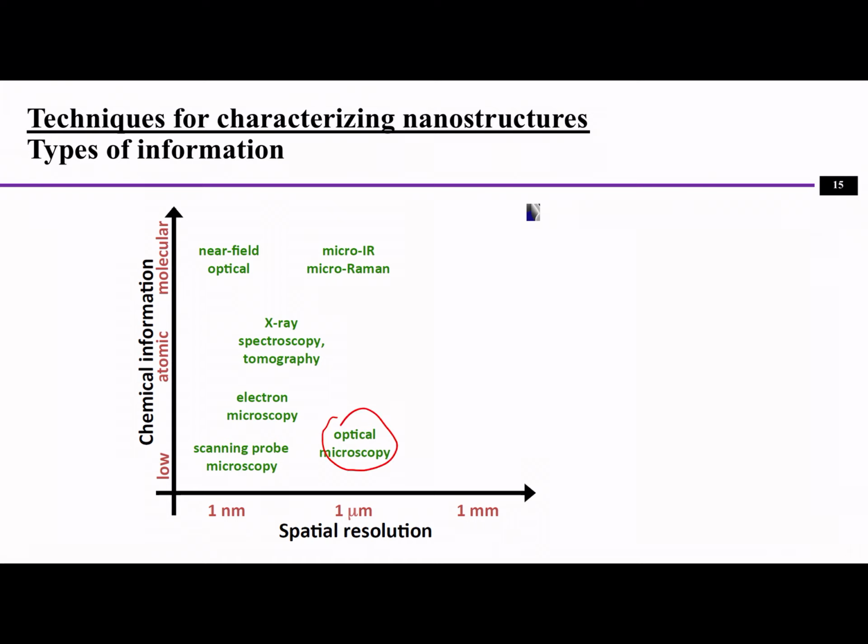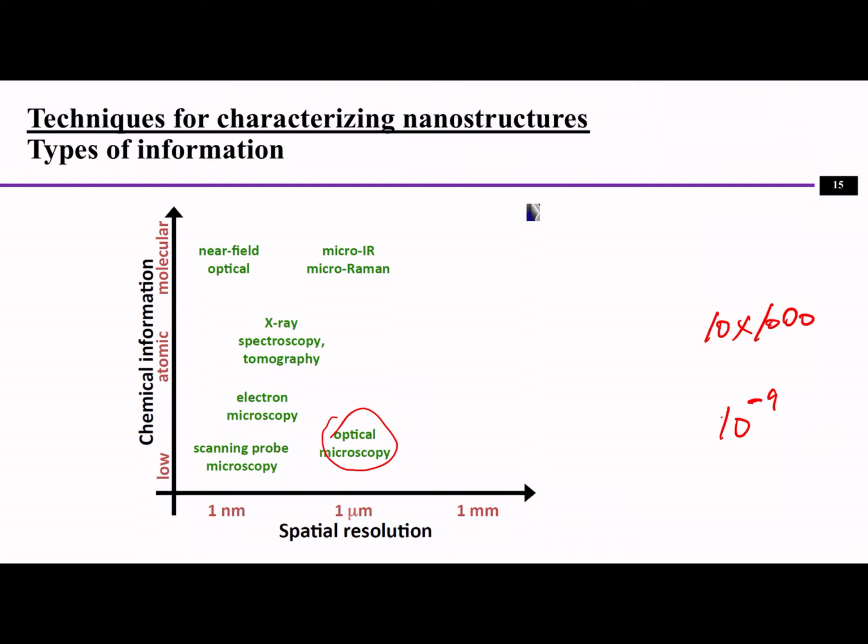Typically our optical microscope resolves about one micron, and the magnifying power is usually around 10 times to 1,000 times. But when we are looking at the nanoscale, we're really looking at the scale of 10 to the power of -9. So how do we reach that?